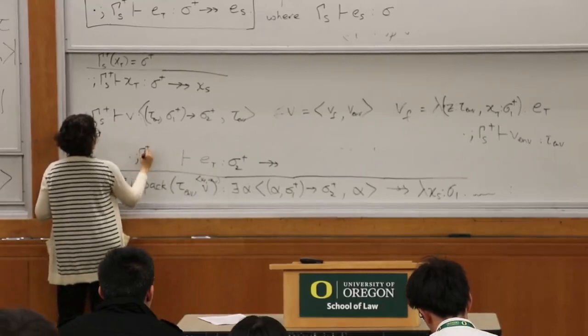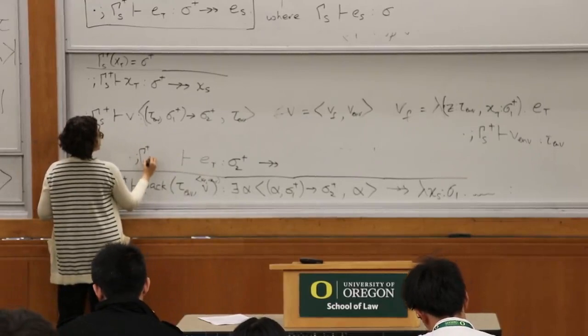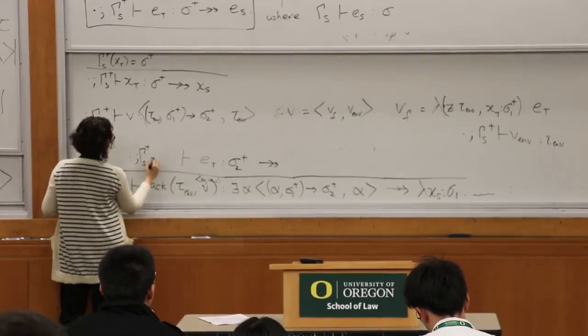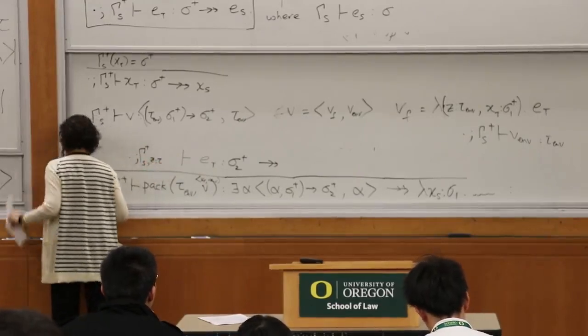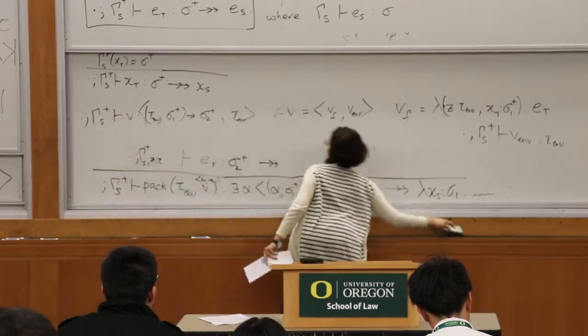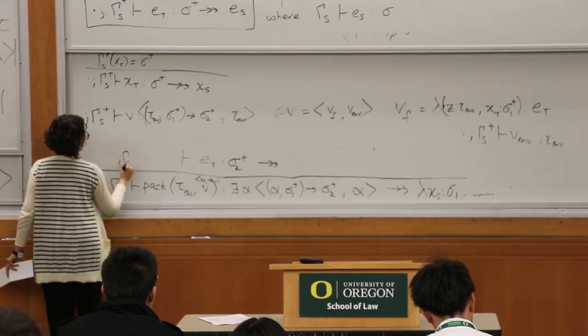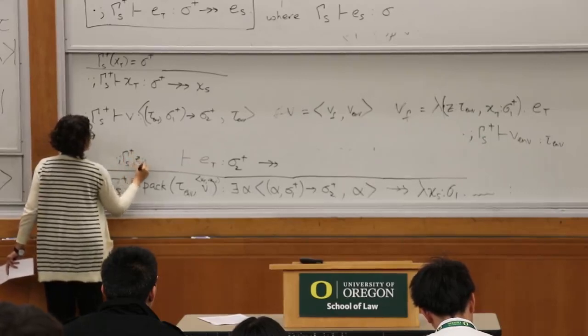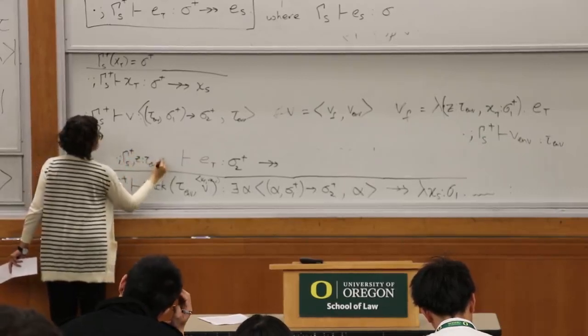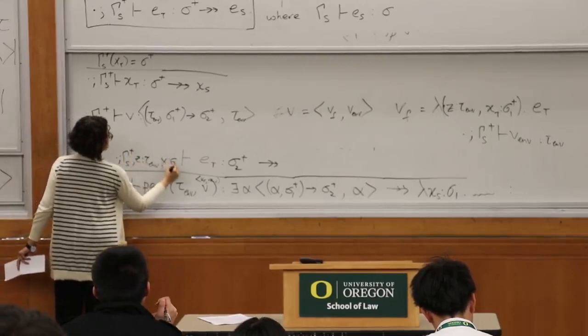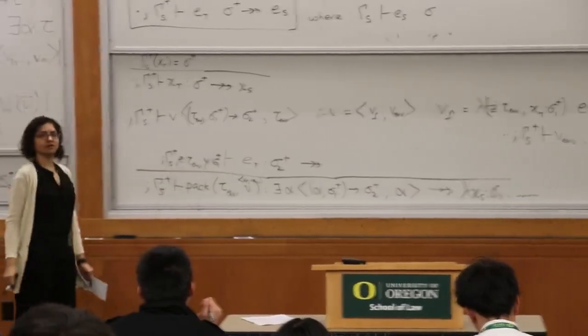So let me stick gamma S plus there, and then I have Z colon tau. Let me make it wider. So Z tau n and X. Do I have a problem?